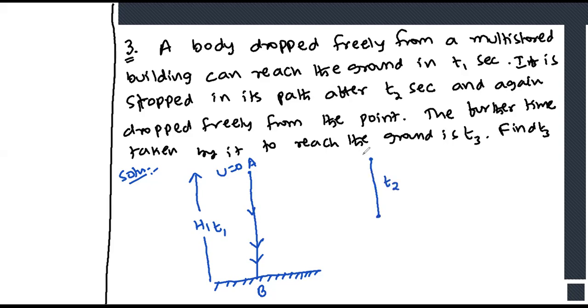This is point C, this is point D. It is having a height h2 from D to ground. This point is E, where B and E are lying on the ground only. This height is h3 and it takes a time T3.